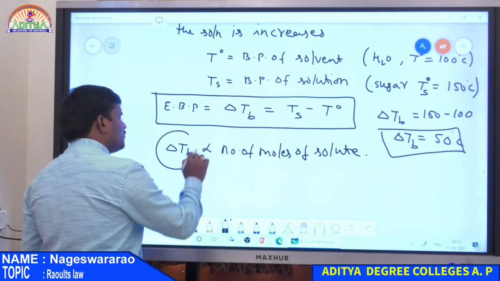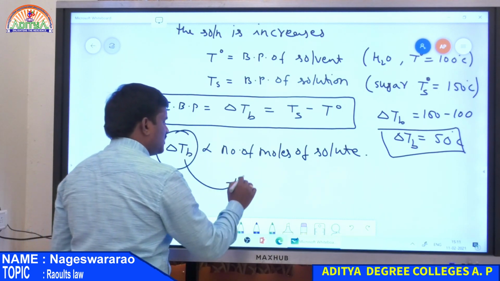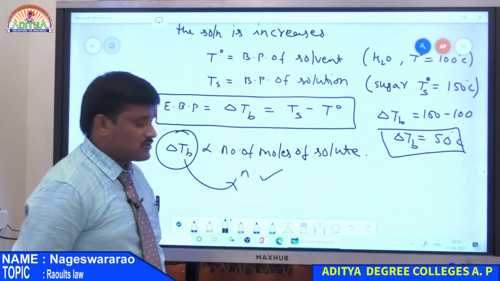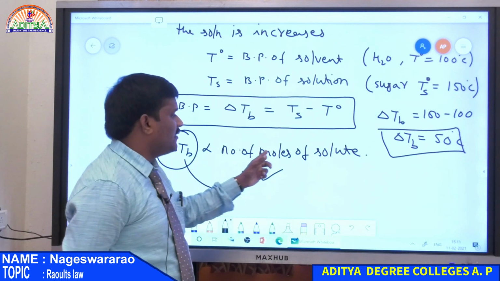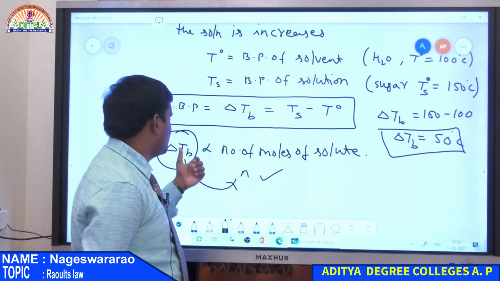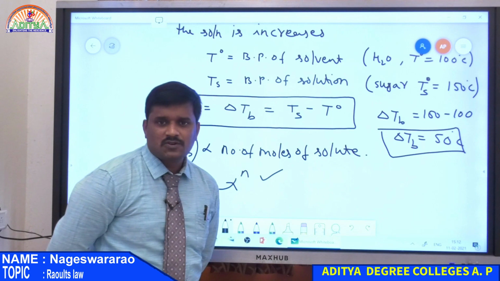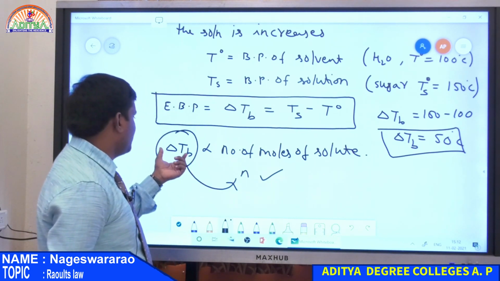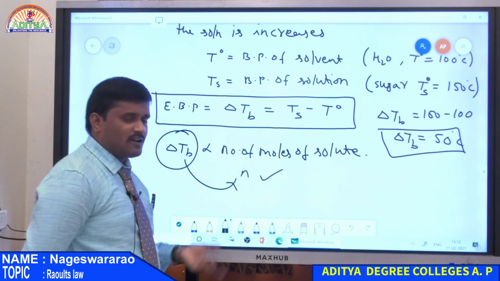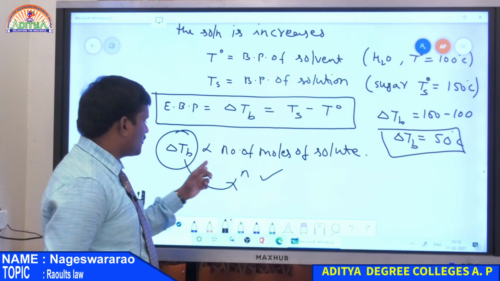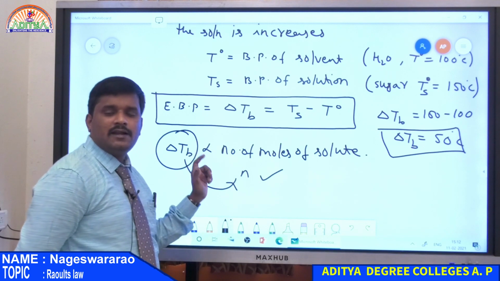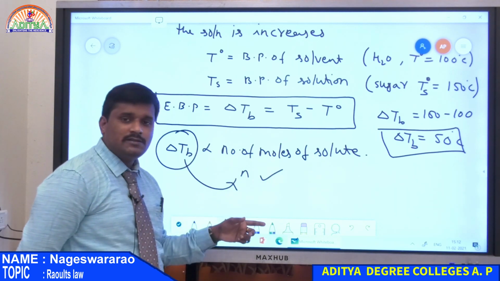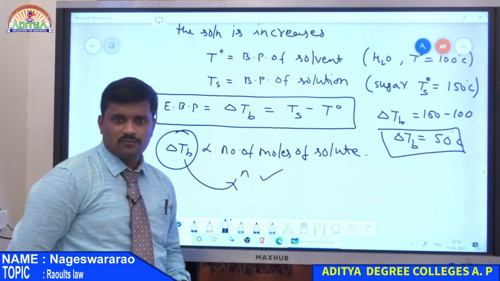So any colligative property is directly proportional to n, only then it is a colligative property. A property that depends on the number of moles is nothing but a colligative property. So in our next class, we derive the relation between delta TB and the number of moles. If it is directly proportional to n, then delta TB is a colligative property. If it does not depend on n, then it is not a colligative property.